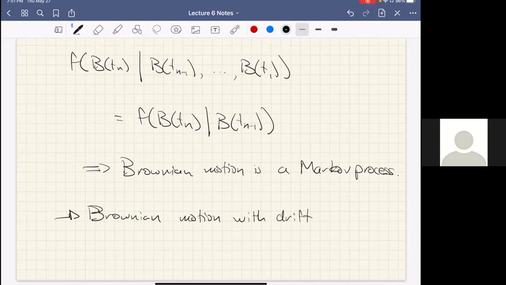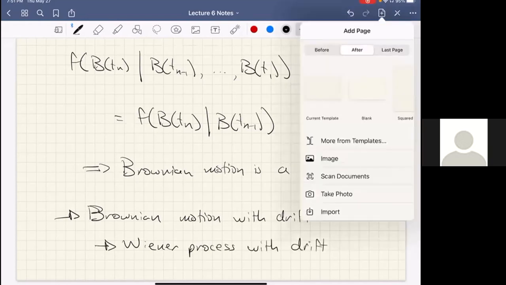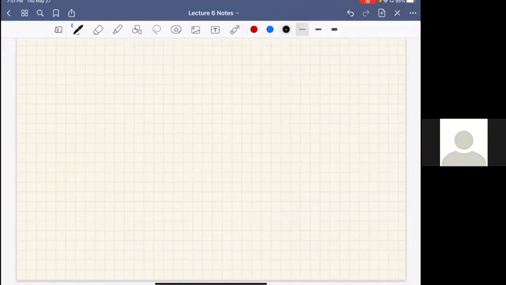So it's still a Wiener process, but it's a Wiener process with drift. Basically what happens is everything is the same. It's still Markov.